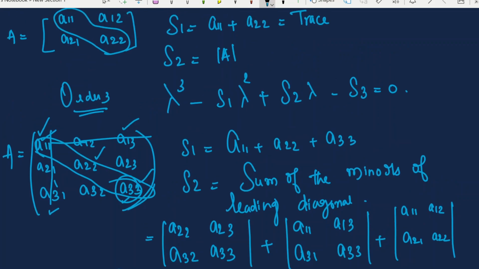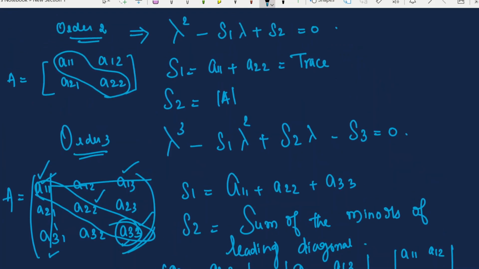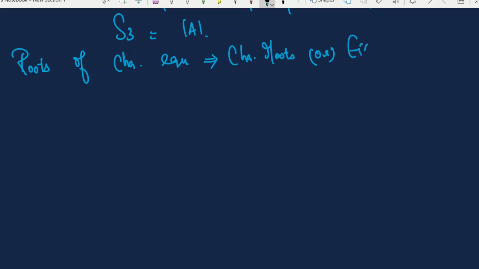This is the process of finding the characteristic polynomial of an order 2 and order 3 matrix. Next, when solving these characteristic polynomials, we will get the roots. The roots of the characteristic equation are known as characteristic roots or eigenvalues or latent values.